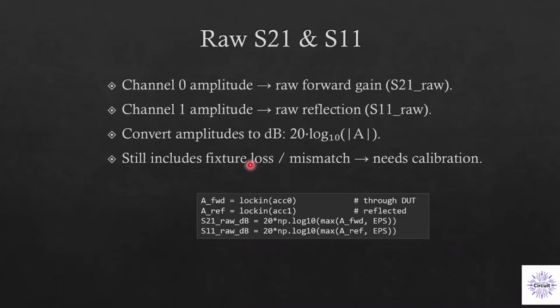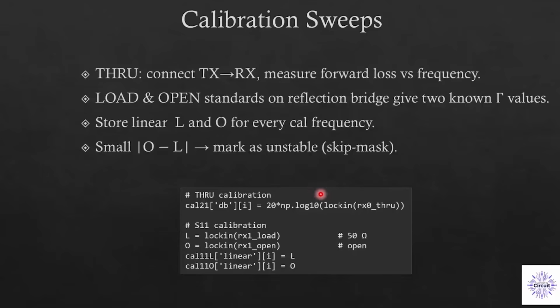But what I need to do is find the loss in my system and cancel it out from these values, so I find the true effect of the device, not something else. So for calibration, instead of the device, I connect the TX to my first receiver port using a through connection, which is a very small loss adapter, and I measure the amplitude.